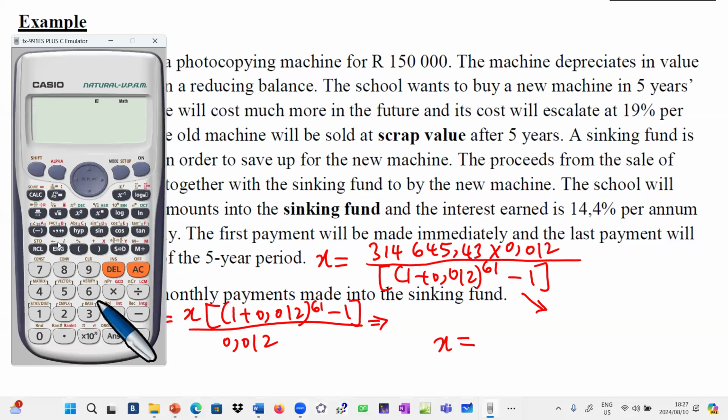We have 314,645.43 times 0.012, divided by 1 plus 0.012 raised to the power 61 minus 1.